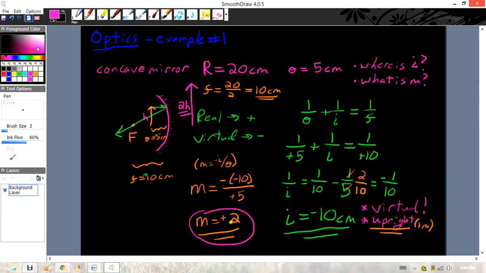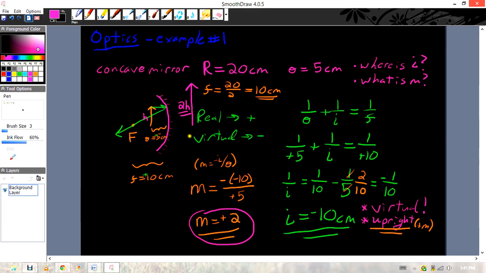The positive does not mean necessarily that it's bigger, although in this case it is, but you could have a magnification of positive 1/2. What would that mean? Well, we'll explore that in another problem. But I'll tell you right now, to make it easy, the positive means upright, and the 1/2 would mean it's half as tall.